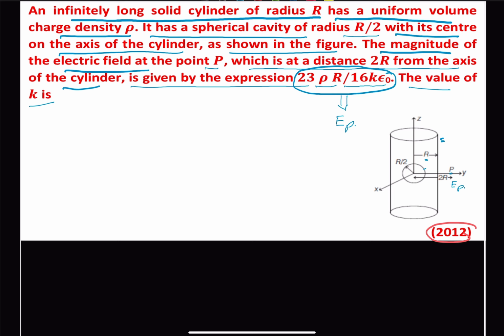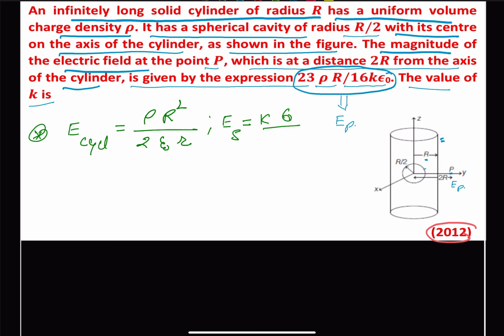So let us start with the formula. We know that the electric field because of the cylinder at a distance r is given as rho R square divided by 2 epsilon naught r, and the electric field because of the sphere is given as k q upon r square.